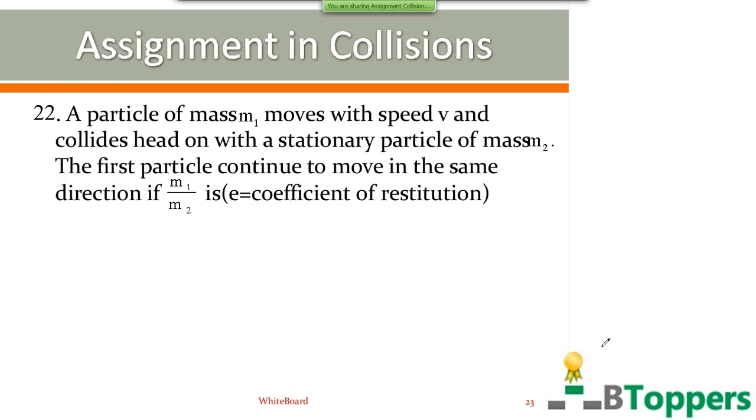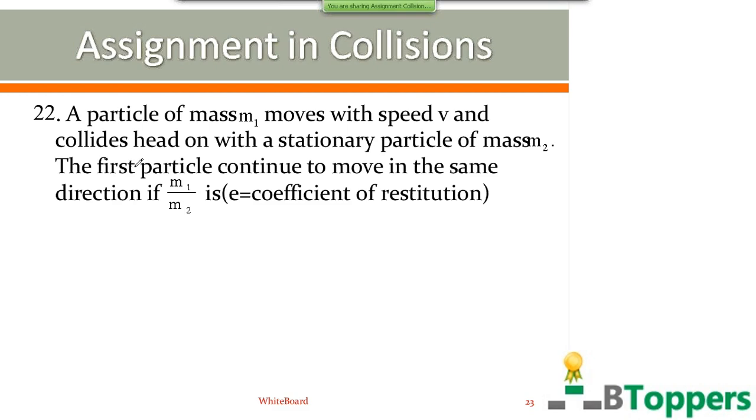A particle of mass m1 moves with speed v and collides head-on with a stationary particle of mass m2. The first particle continues to move in the same direction. If m1 by m2 is... So the first particle will continue to move in the same direction if v1 and u1 have the same sign.